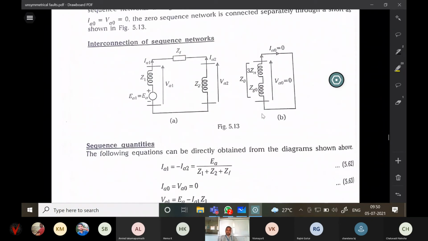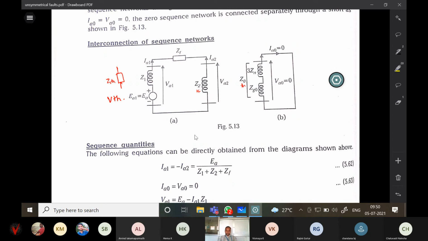In that sequence network, instead of EA1, write VTH. Okay, and this one is represented in terms of impedance: Z1TH, and this is Z2TH, IA1, IF. So everything is the same. This is Z0TH.